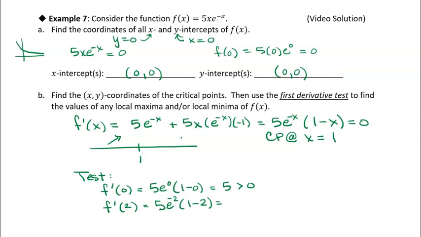But either way, I'll just write it as 5e to the minus 2, and then times a negative 1, right? I don't really care what that value is, except that I know e to any power is going to be positive. And I take that positive times a negative, I'm going to get something less than 0. So that's telling me that it's decreasing on the other side of 1.